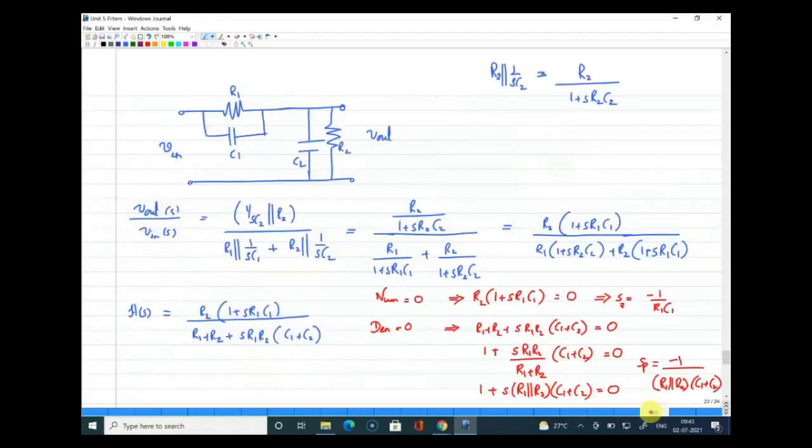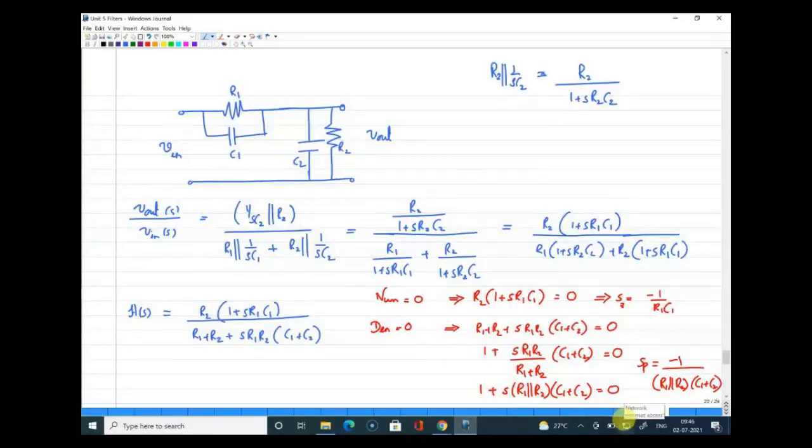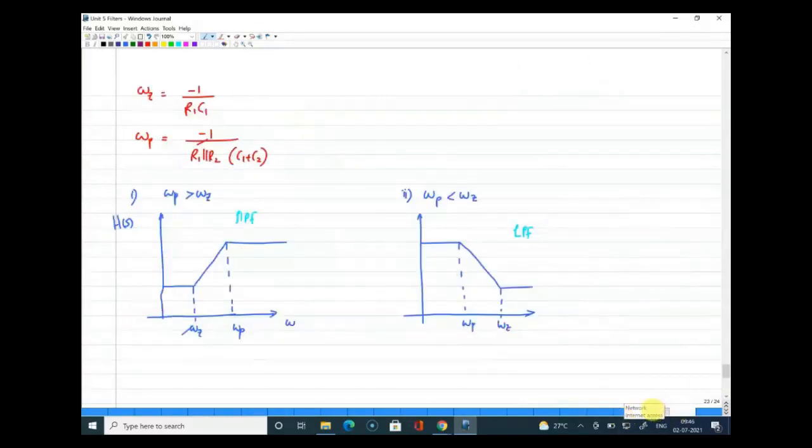So later we added one more resistance at the output side, with the existing circuit, and thereby obtained an expression with a zero frequency and a pole frequency.